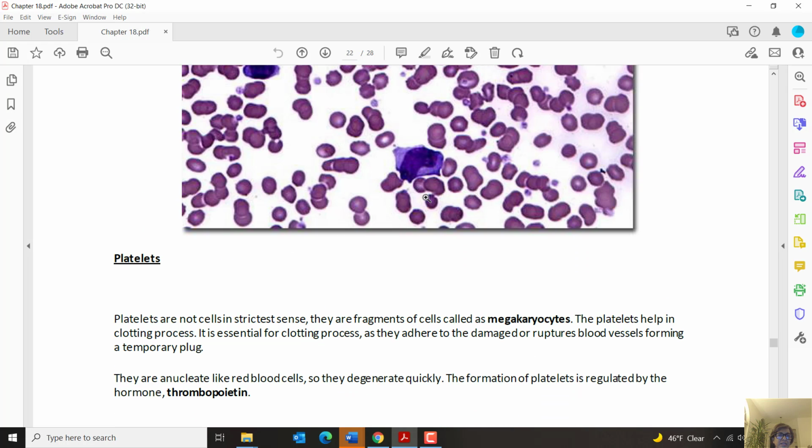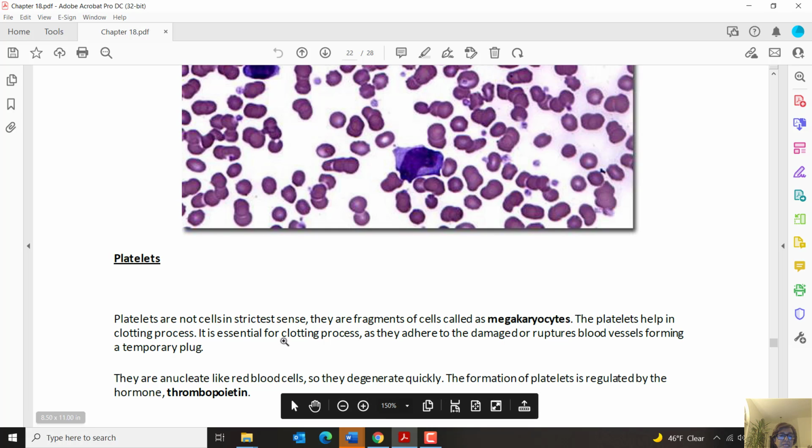Going to platelets, platelets are not real cells. They are fragments of cells called megakaryocytes. Mega means big, karyon means nucleus, cytes means cells. So this is a cell where the nucleus has divided and become really big, and then it shreds into little pieces once it enters the bloodstream.